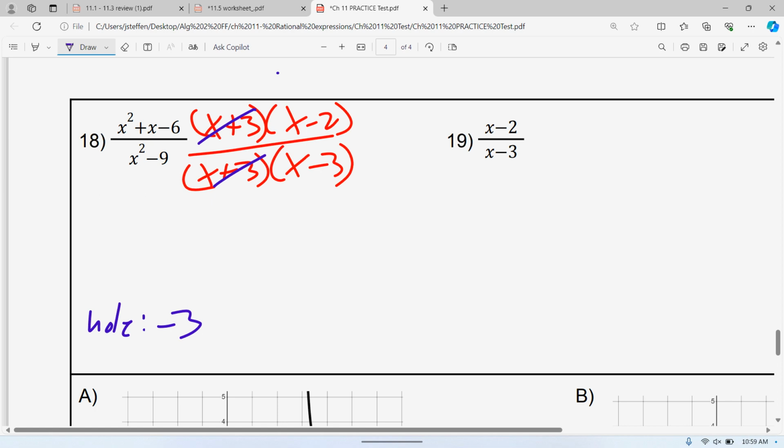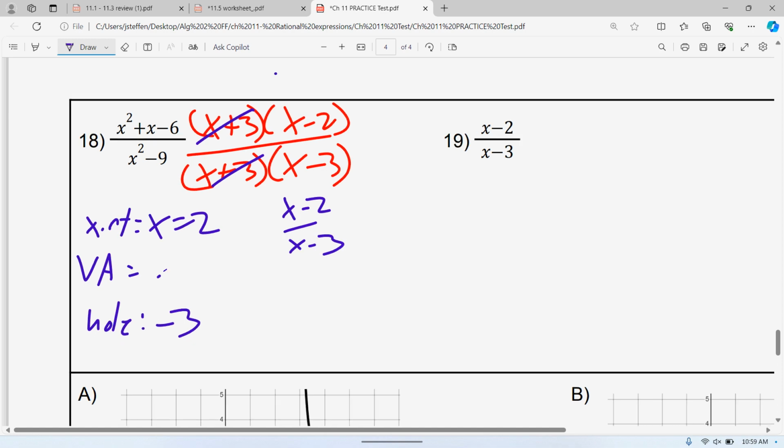So our x-intercept is 2, and our vertical asymptote is 3, with the hole at negative 3. Close enough. So that's number 18. We will check which graph that matches in a second.